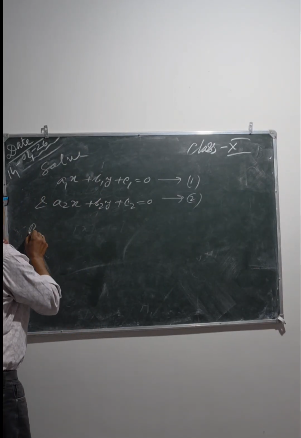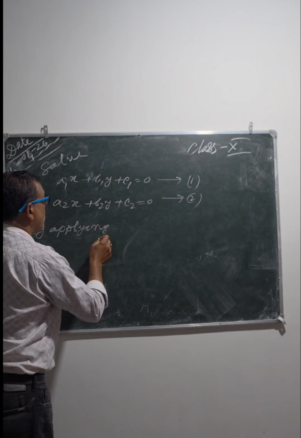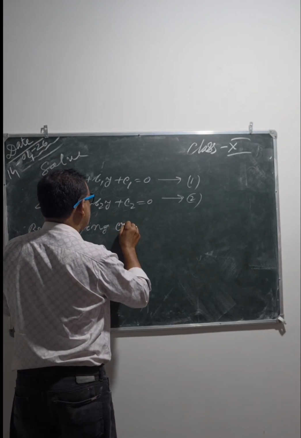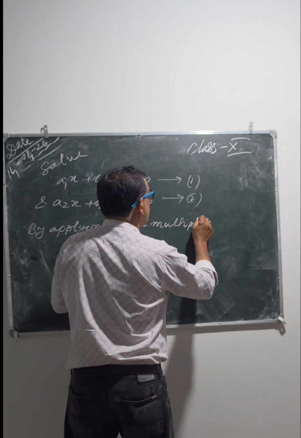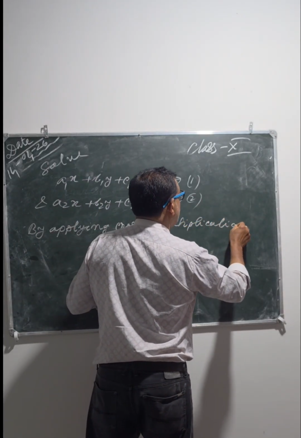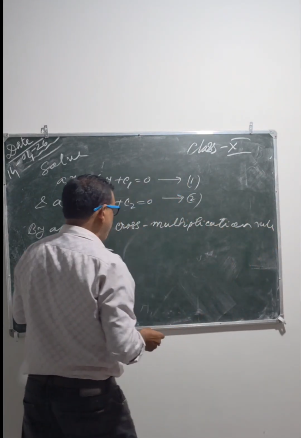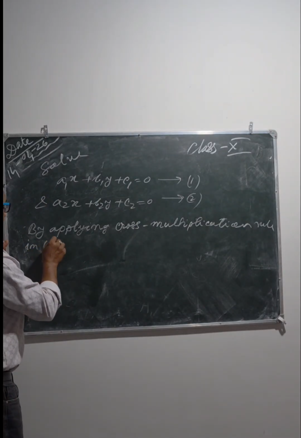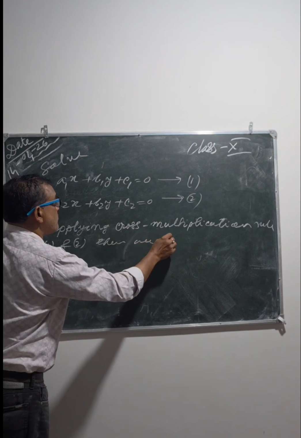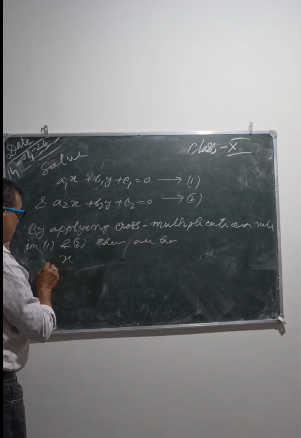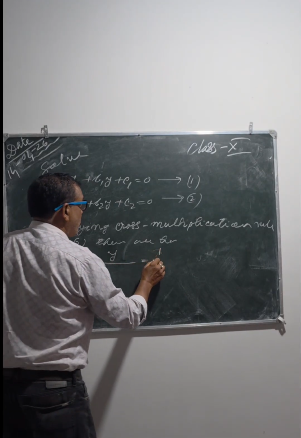So, by applying the cross multiplication rule in 1 and 2, then we have: first of all, x by something equal to y by something equal to 1 by something.